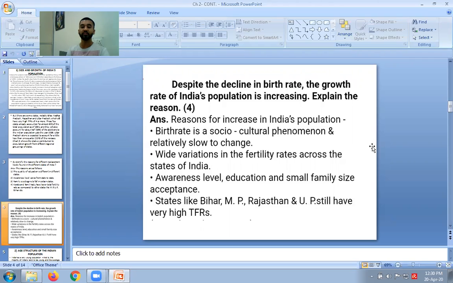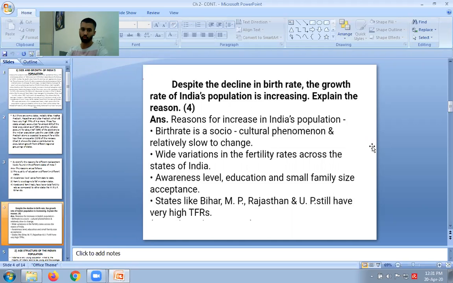Second reason: wide variations in the fertility rate across the states of India. I've already told you that there are a lot of variations in the fertility rate. Kerala and Tamil Nadu have a lesser fertility rate. On the other hand, states like Uttar Pradesh, Bihar, MP, Rajasthan have a high fertility rate. So this is also a reason, in the form of wide variations in our country, right? Third reason: awareness level, education, acceptance of small family size.